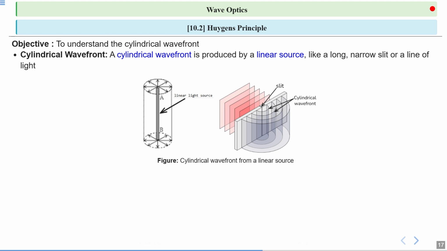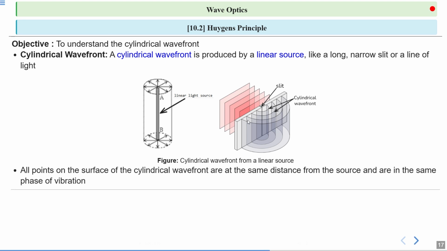So the wavefronts from that linear source will be of which shape? Cylindrical. So you can see in this diagram that plane wavefronts are coming from the other side, and after passing through this slit linear source, they are becoming cylindrical.